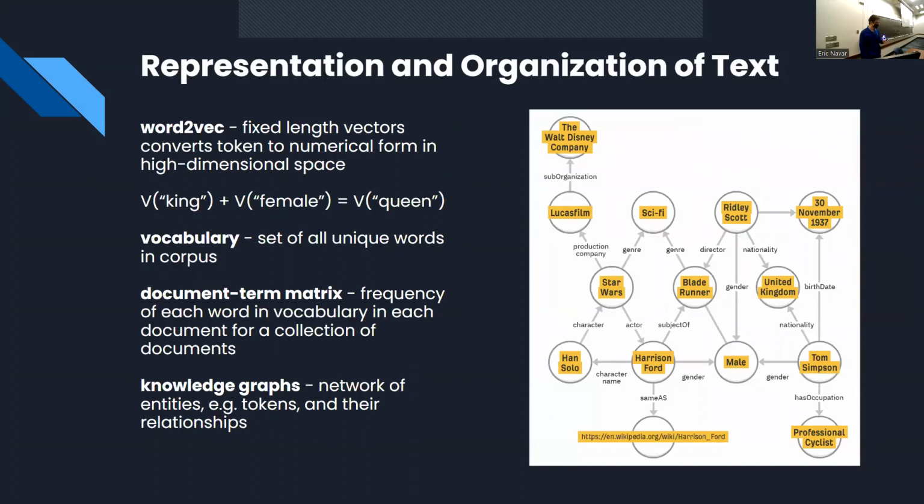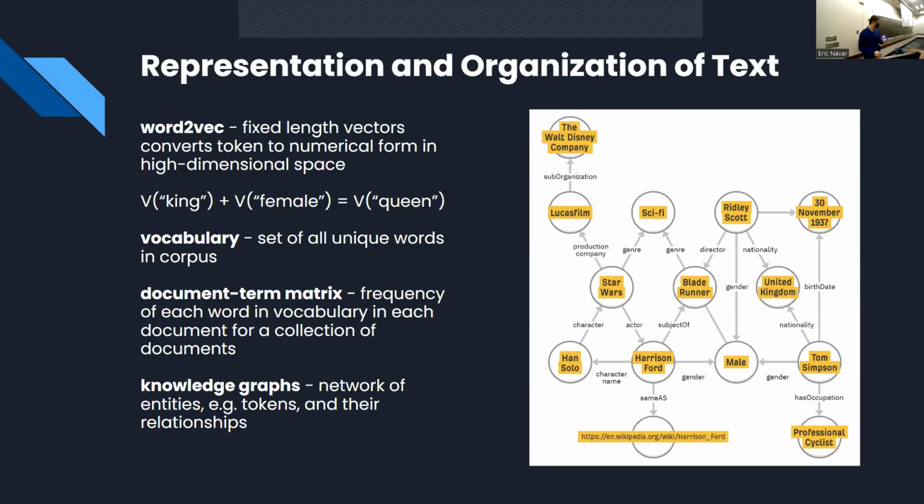So there's actually a diverse array of different ways you can represent and organize text. One of the most popular methods is word2vec, which gives a lot of context. It's trained through essentially a neural network where you're passing sentences through it, and then the trained weights essentially form vectors.